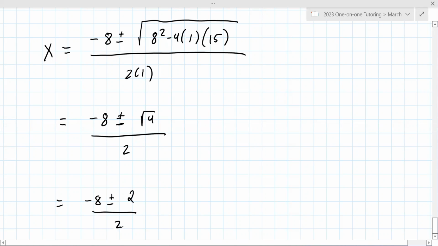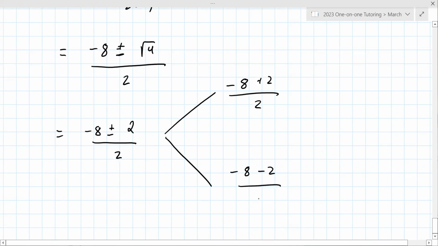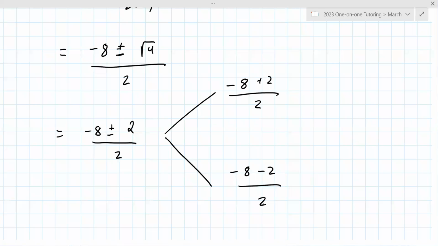Okay, good. So sometimes students are told, or it's described as like a case 1, case 2. You have to really do two things here: -8 plus 2 divided by 2, -8 minus 2 divided by 2. Yeah, she said that would happen sometimes.